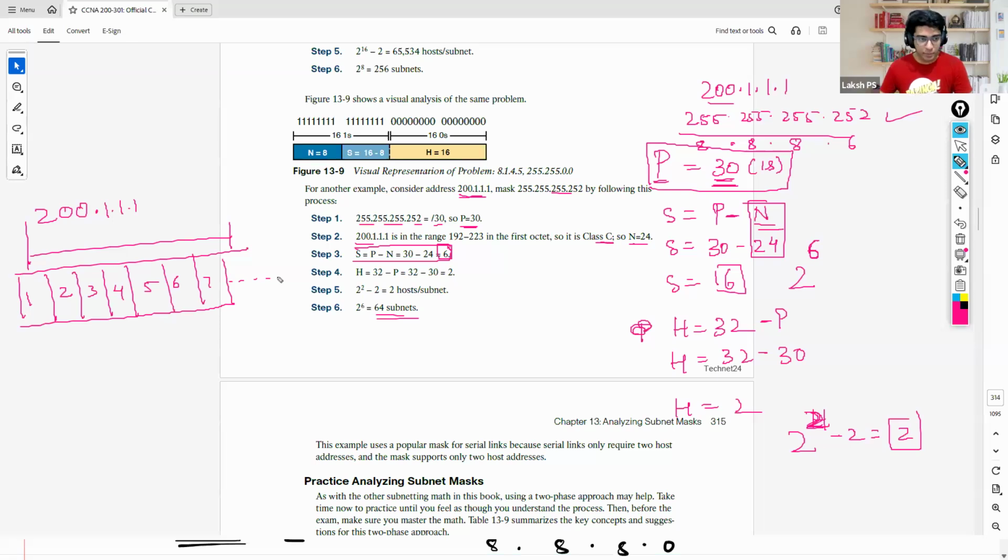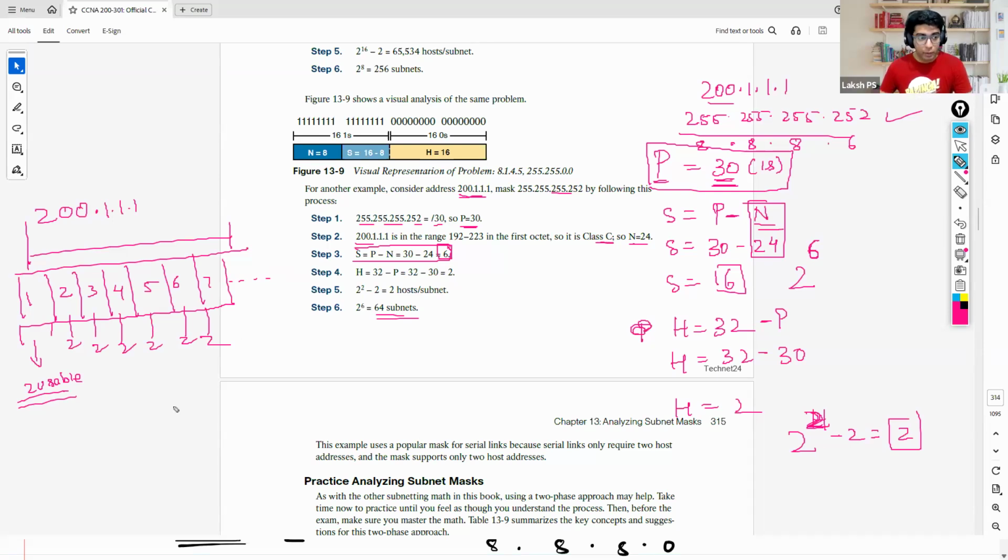There are 64 subnets, and in each of these subnets there will be only 2 usable hosts. For each subnet, you will have only 2 usable IP addresses.